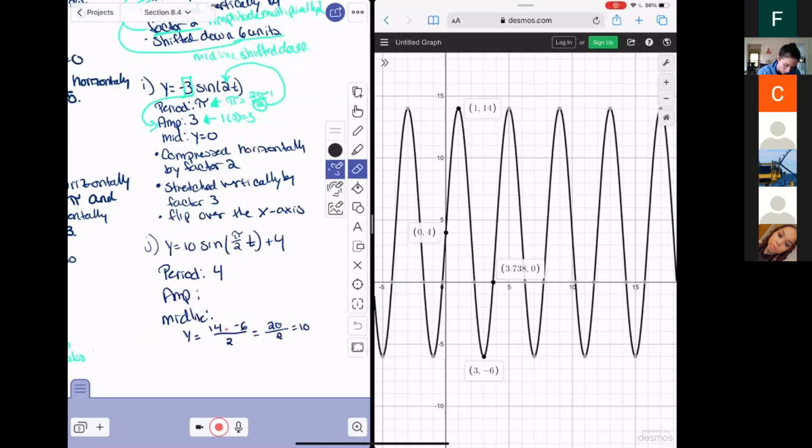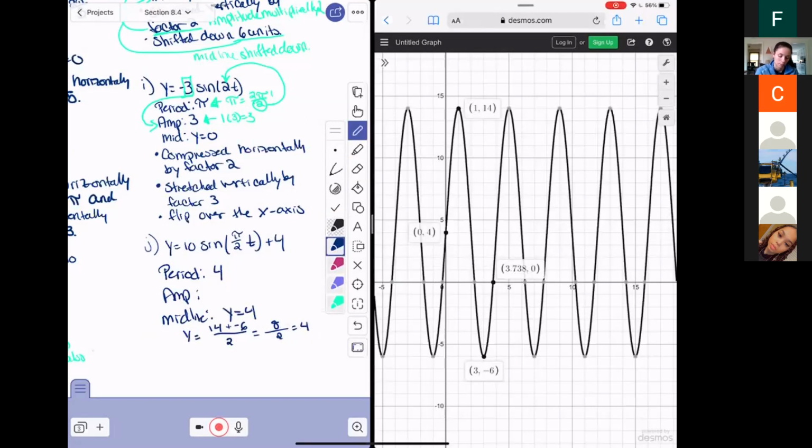Whoops, this should be plus. Yeah, plus 6. So 14 minus 6 is going to be 8, and 8 divided by 2 is 4. So our midline is y equals 4.